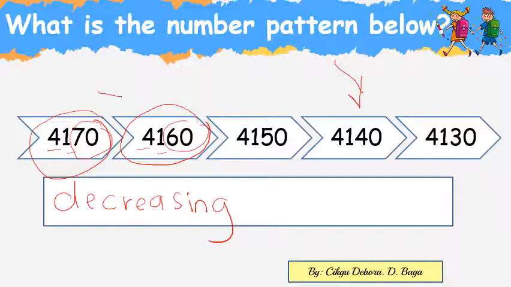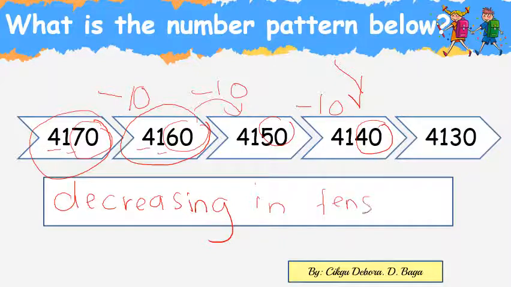So we need to know how many we should minus here. 70 becomes 60, so it is minus 10, right? 60 becomes 50, also minus 10. 50 becomes 40, also minus 10. So we can say that the number pattern for this equation is decreasing in tens.